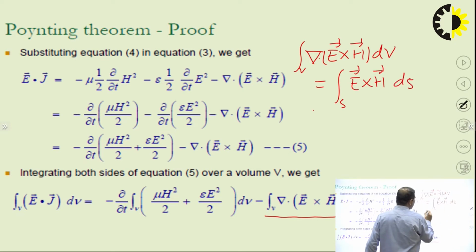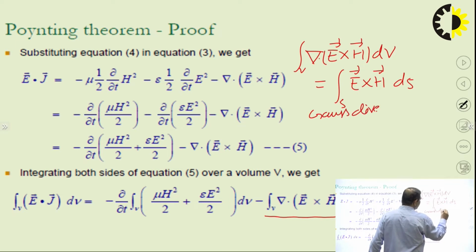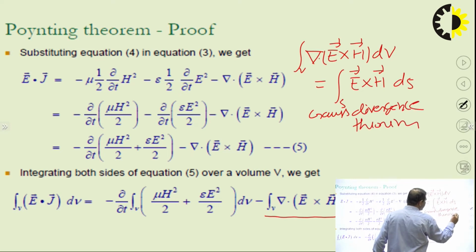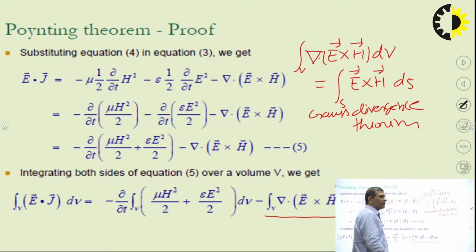So we have used here the Gauss divergence theorem. This theorem is utilized in vector calculus for converting volume integration into surface integration, and vice versa. Here we are converting this volume integration into surface integration.